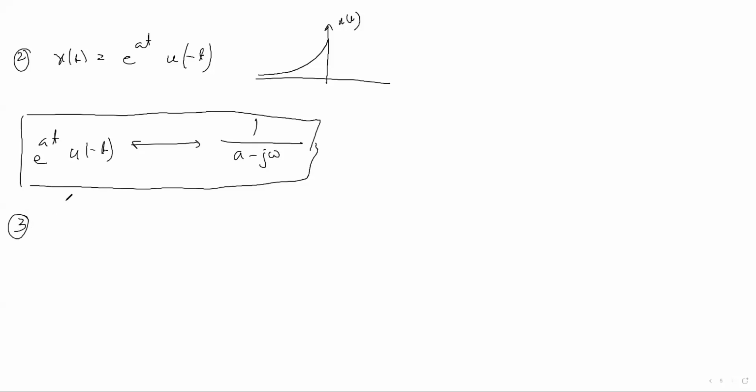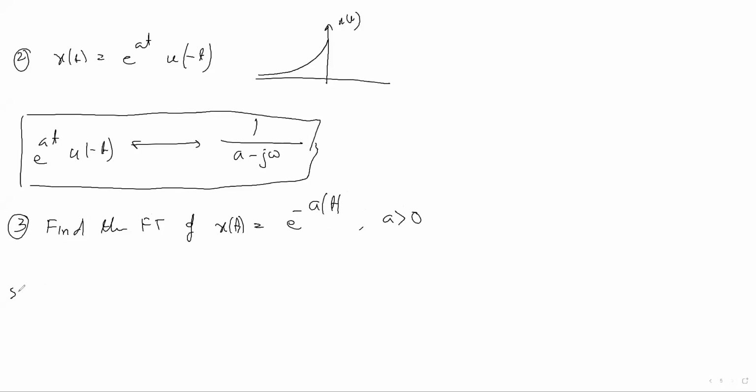Third number. Find the Fourier transform of, all the numericals are important, e to the power minus a mod t, where a is greater than 0. Okay. So find the Fourier transform of x(t) equal to e to the power minus a mod t. What is mod?